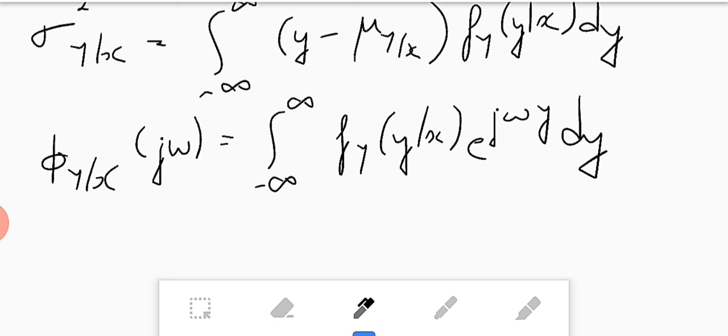So coming back to equations 1 and 2, some important observations which we will make here.